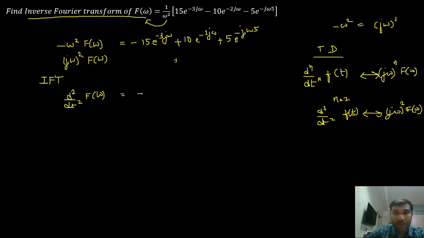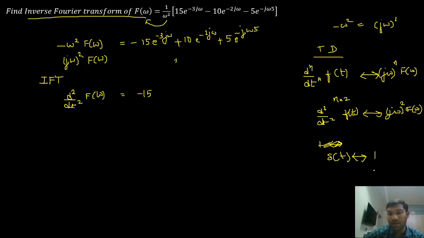So minus 15 F inverse of e power minus 3j omega. So let me see what is the Fourier transform for delta of t? Delta of t Fourier transform is 1, right?